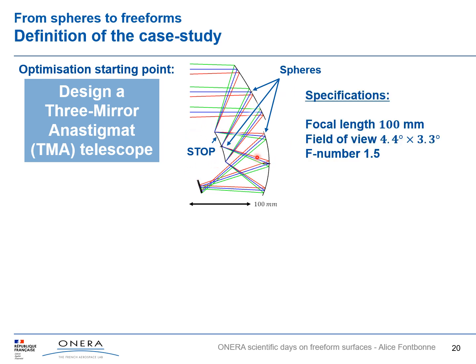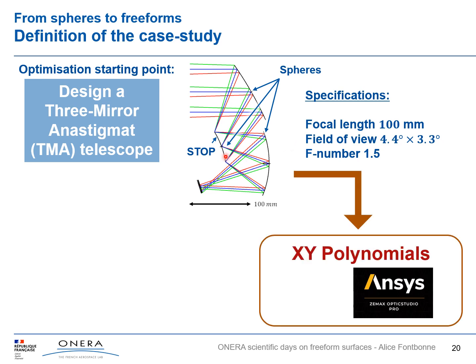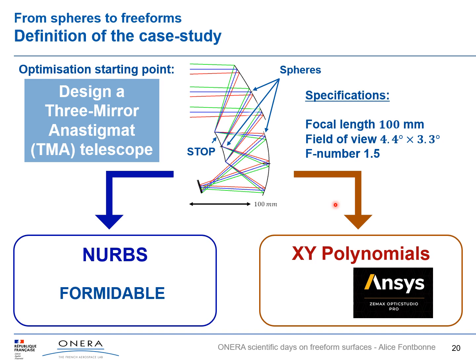Here are the specifications with a focal length of 100 millimeters, a field of view of 4 by 3 degrees, and an f-number of 1.5. The goal is to compare the optimization of this starting point using XY polynomials and using NURBS. But we will use XY polynomials in Optic Studio and NURBS in Formidable.